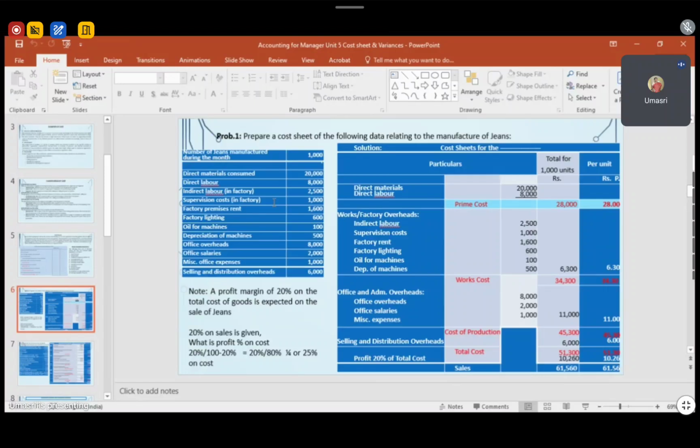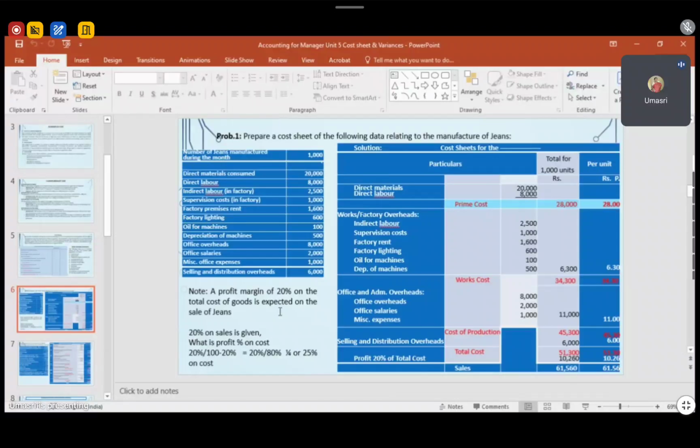See, this is the problem given in your book. Number of jeans manufactured during the month 1000 units, and then direct material consumed is given. That means consumed for the production. Direct material, direct labor, indirect labor, supervision cost, factory premises, all this information is given.